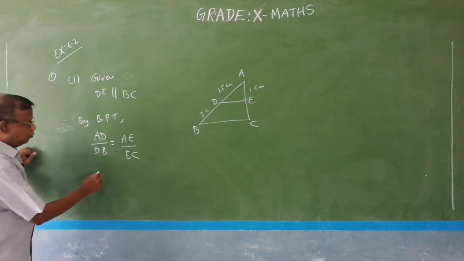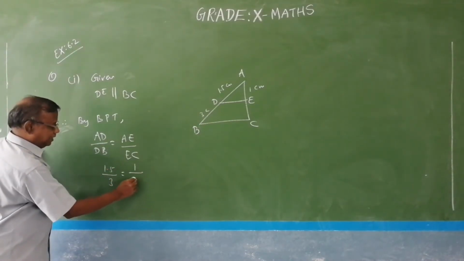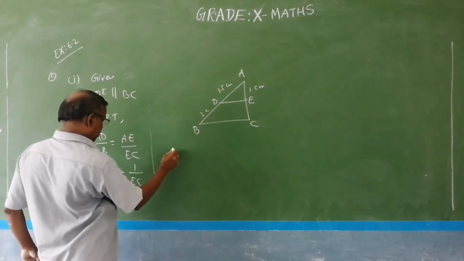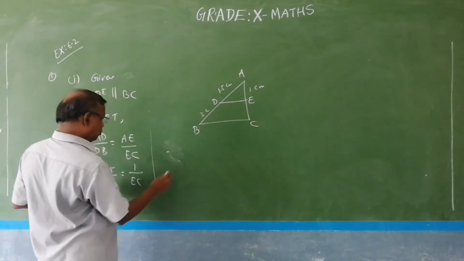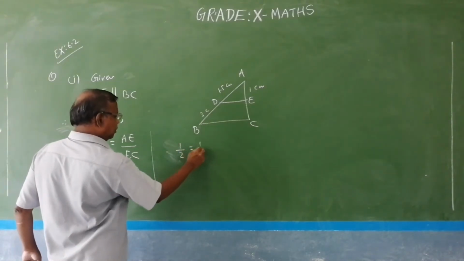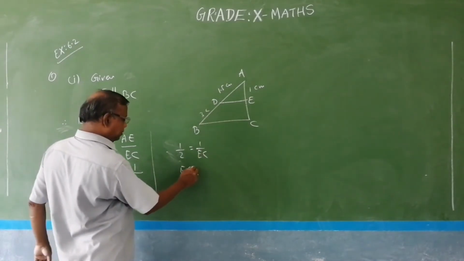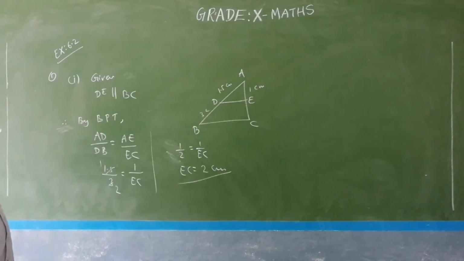AD by DB means 1.5 by 3 equal to 1 by EC. So, this is 1 times, 2 times, and 1 by 2 equal to 1 by EC. By cross multiplication, EC equal to 2 centimeter. So, this is the answer, and the second subdivision is your homework.